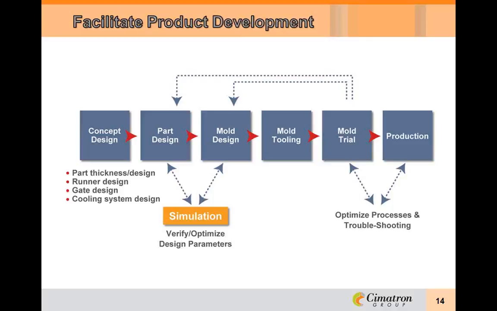In the mold design phase, the design is further refined by adding molding considerations. Runner system and gate are designed according to the process dynamics simulation. Cooling system is optimized to shorten the cycle time and improve part quality. The molding trial on the computer is possible before the actual molding trial is ever conducted.